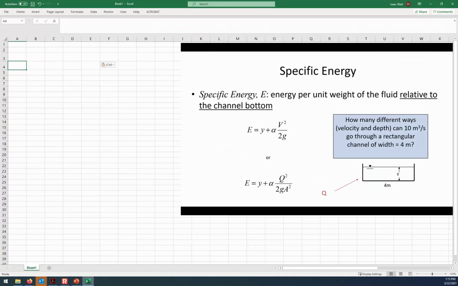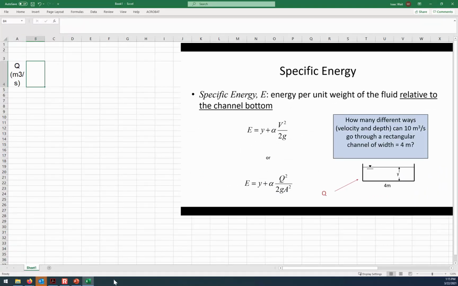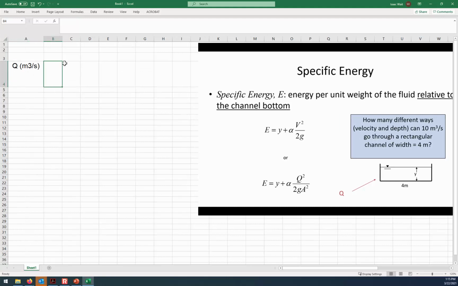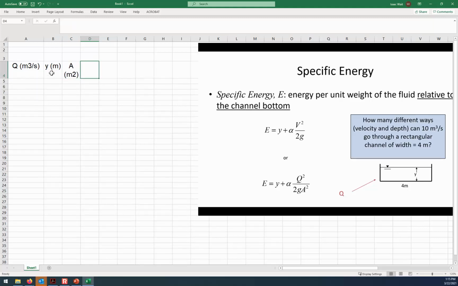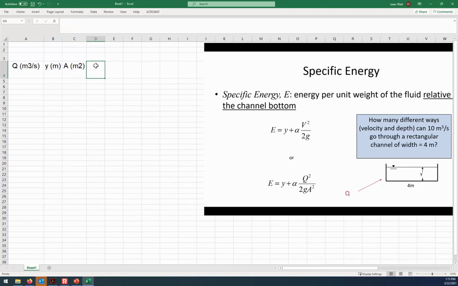Flow rate, velocity, area, depth, and specific energy. So flow rate, cubic meters per second. Depth in meters. Area, meters squared. Velocity, meters per second, and then the specific energy in terms of meters.